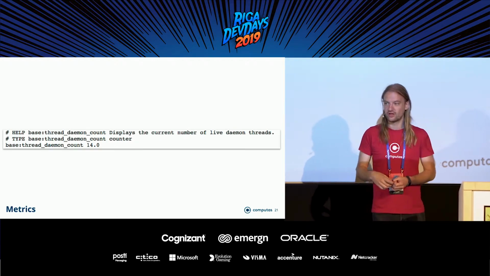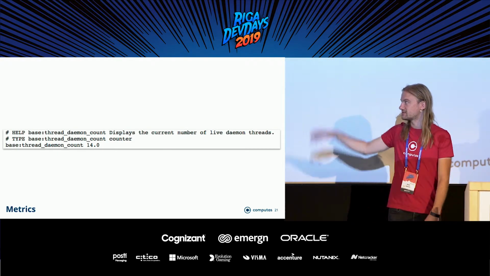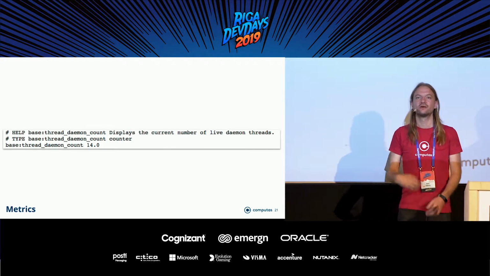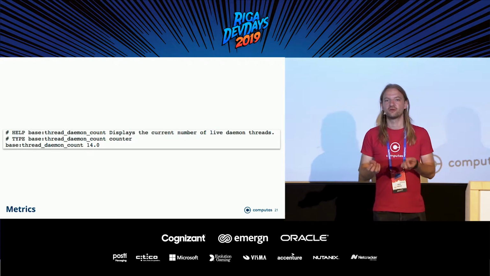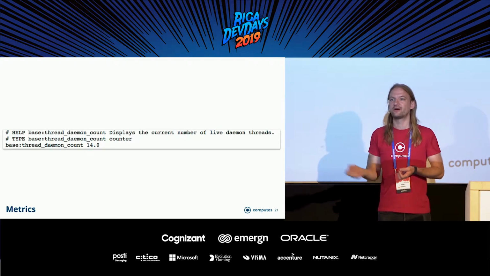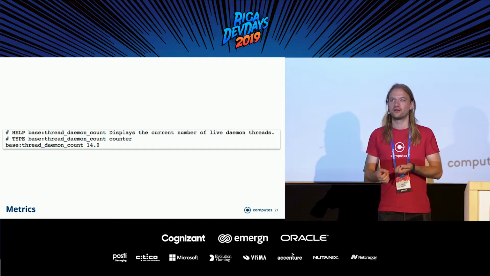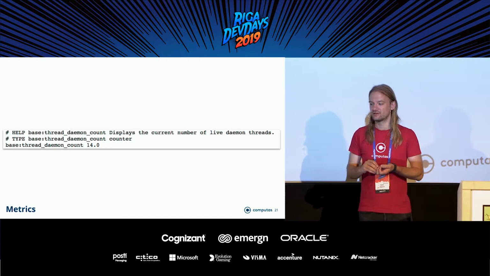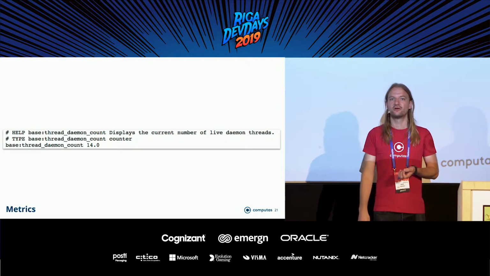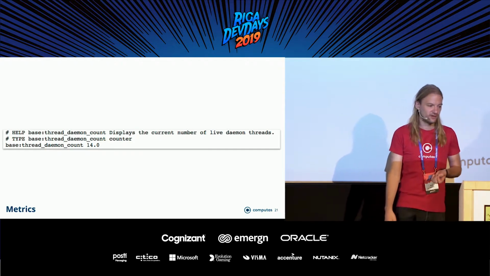You just go to the URL /metrics, and then you get lots of these metrics, in the same format as Prometheus produces. So if you're using Grafana or anything else to display your metrics, you can just plug the metrics from MicroProfile into your Grafana, and it will work fine.